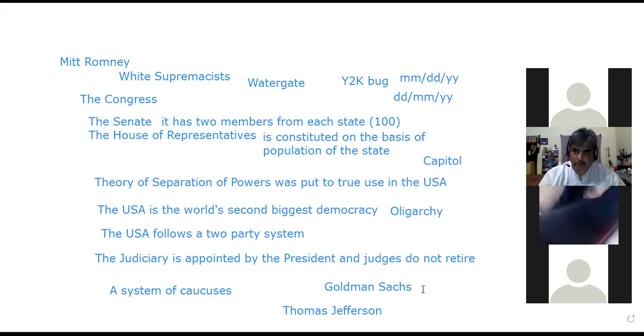So what do you do? You create ghettos like Fremont, Sunnyvale, Plainsboro in New Jersey. Okay, these are all concentrations of Indian populations.